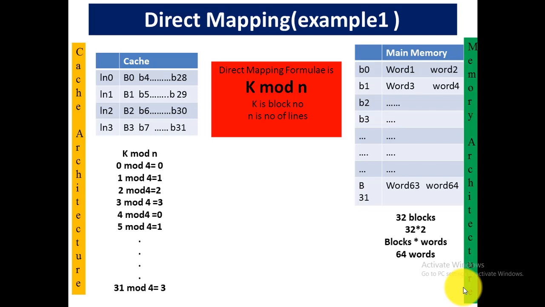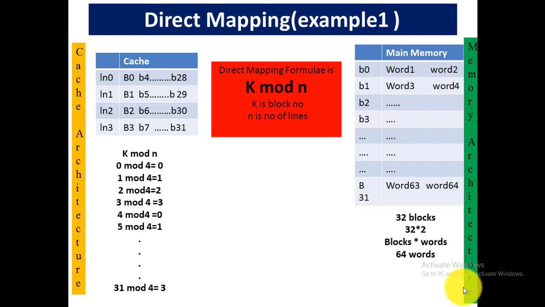One important thing to note is that in each line there can be only 2 blocks. Either it can be block 0, or block 4, or a combination of block 4 and block 8, or a combination of block 8 and 12, or a combination of block 28 and block 0.